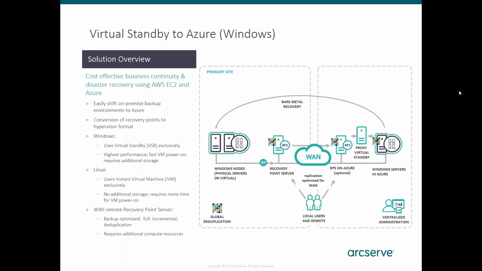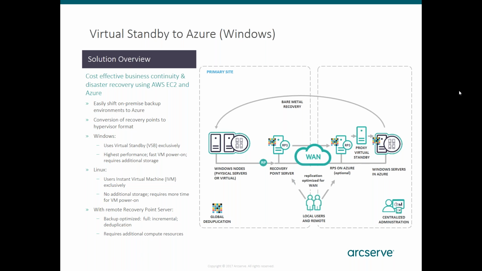Previously to that, we were able to replicate recovery points into Azure, either into blob storage by copying recovery points, or using RPS to RPS replication, which allows you to use that WAN optimized deduped replication into the cloud.